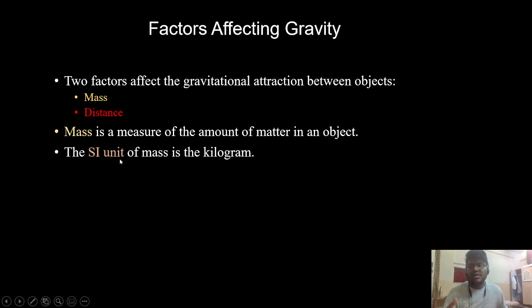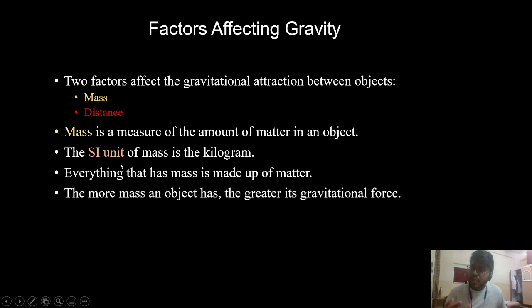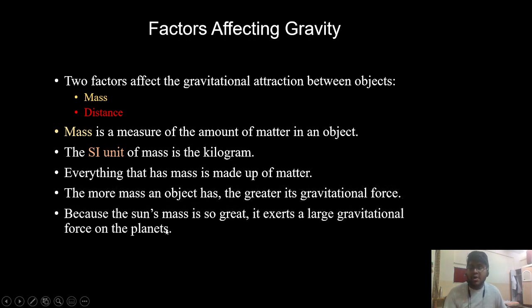Here the SI unit of mass is the kilogram, and everything that has a mass is made up of matter. So the more mass an object has, the greater is the gravitational force. What we can conclude immediately from this statement is that the mass of an object is directly proportional to the gravitational force, because the sun's mass is so great it exerts a large gravitational force on the planets, right?